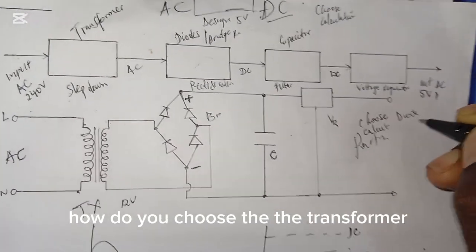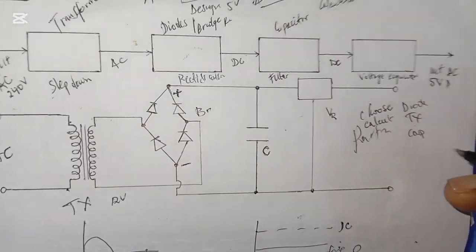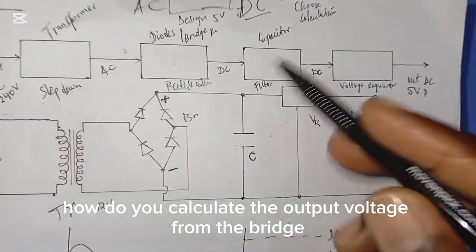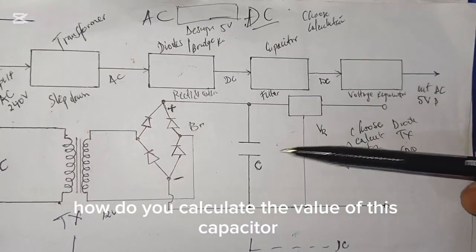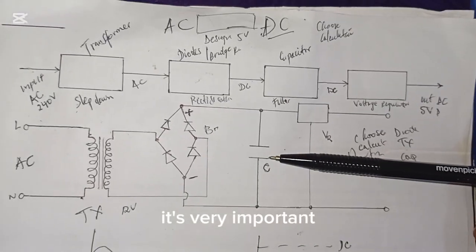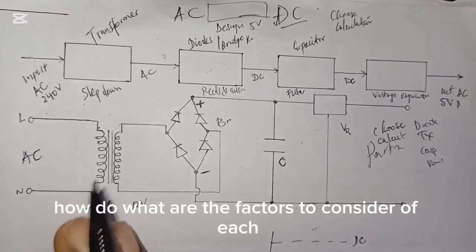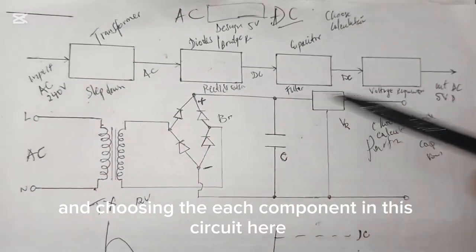How do you choose the transformer? How do you choose the capacitor? How do you choose the voltage regulator? How do you calculate the output voltage from the bridge rectifier? How do you calculate the value of this capacitor? It is very important. What are the factors to consider in choosing each component in this circuit here?